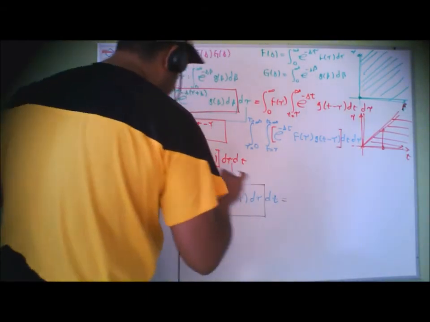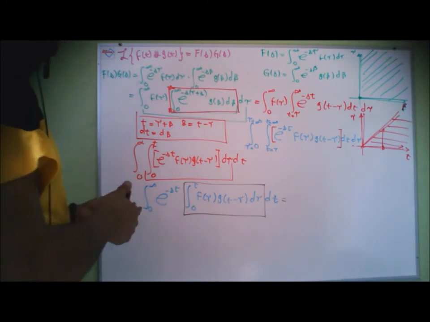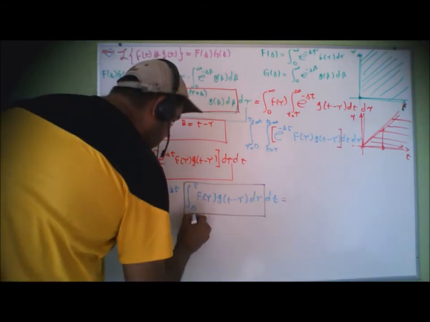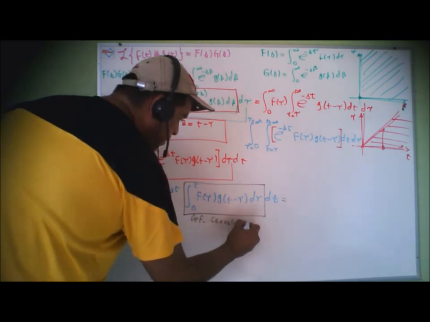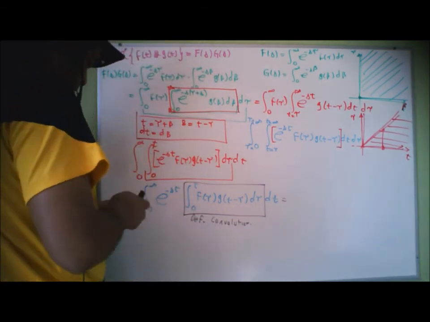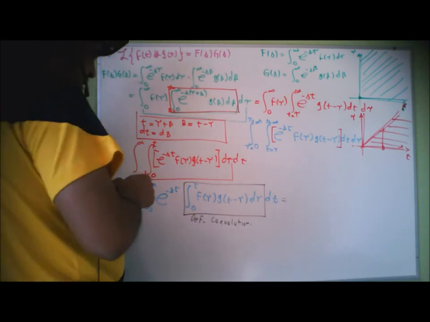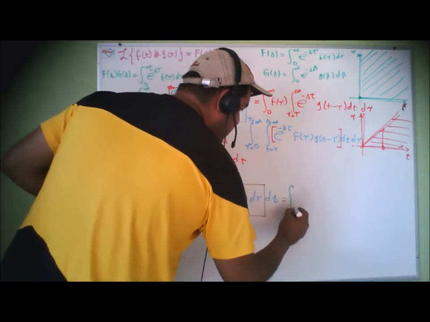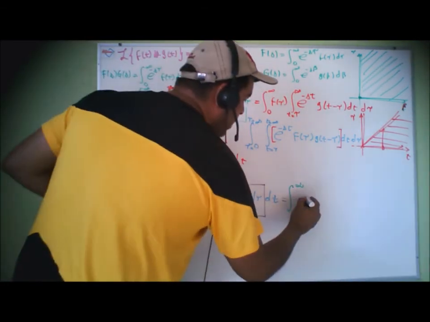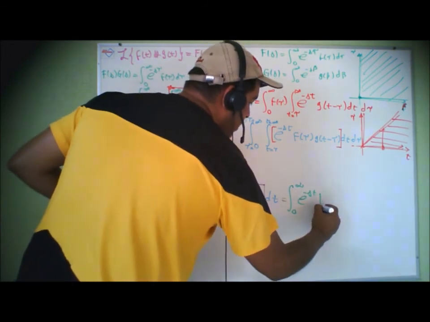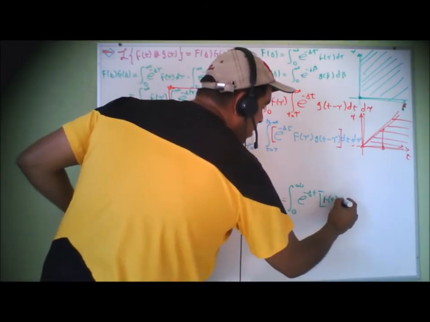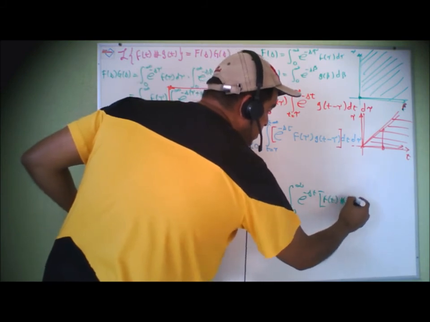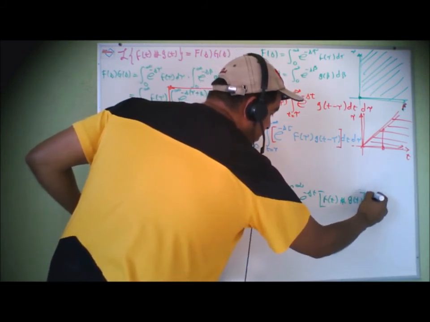So if that is the definition of convolution, then this is equal to the integral from 0 to infinity of exponential minus st, and then here is the definition of convolution, so it's going to be f of t convolved with g of t, differential of t.